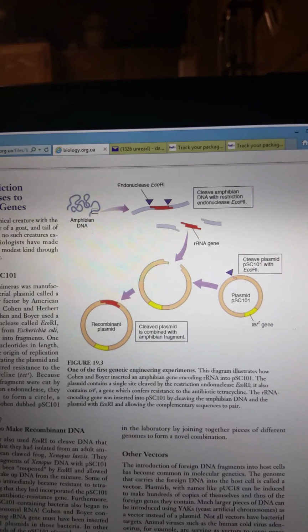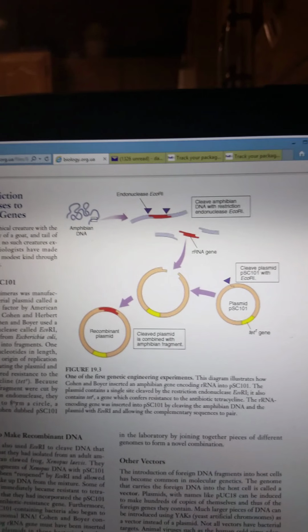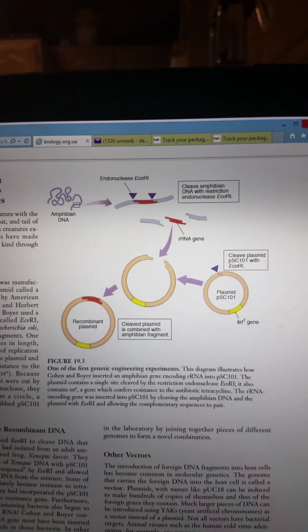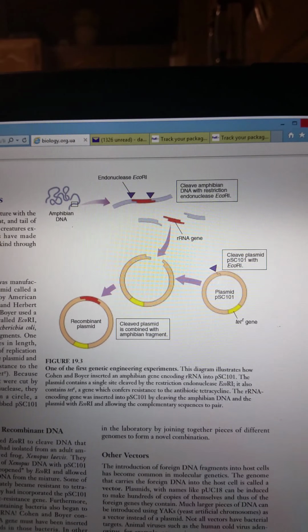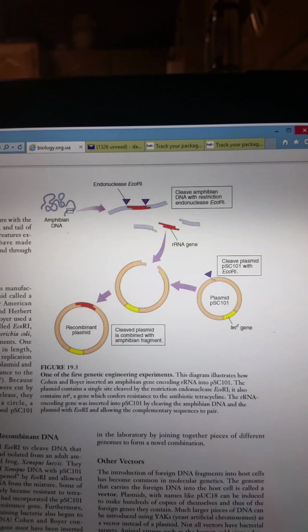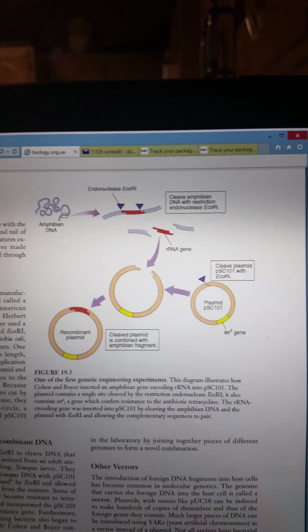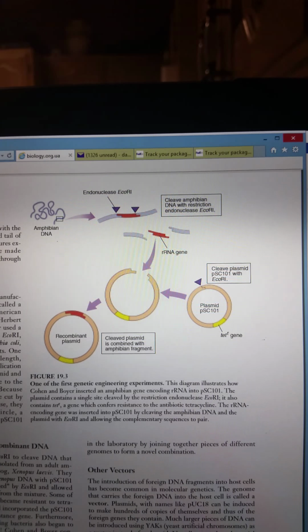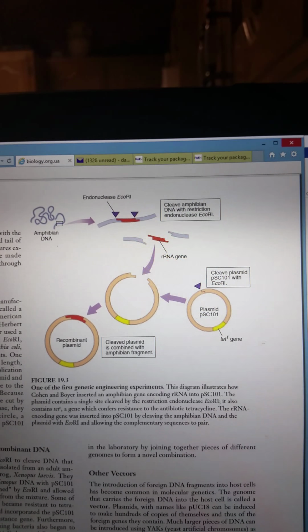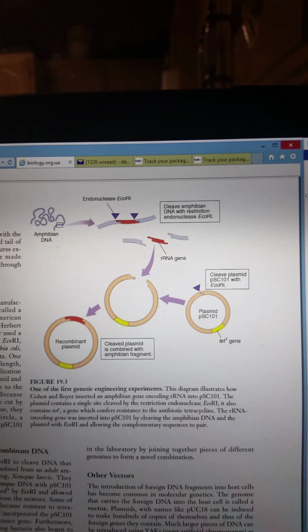Next, I'm gonna explain how you could use restriction endonucleases to manipulate genes. Right here, we have pSC101. Basically, this was using an endonuclease called EcoRI, and it cut a plasmid into fragments, and one of them was around 9,000 nucleotides in length.